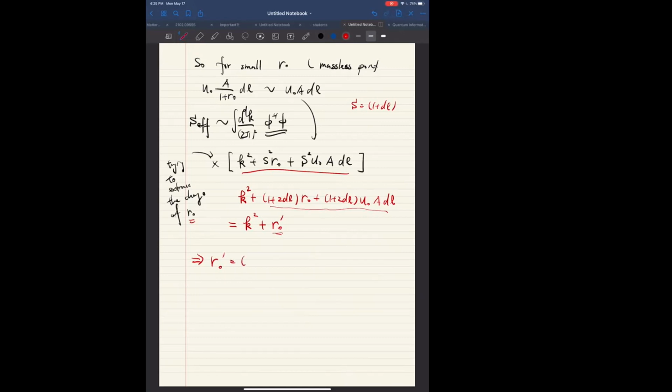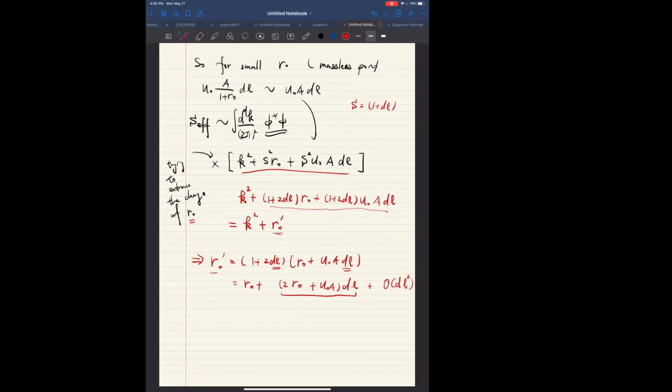We can do it order by order. So we have 2 r naught plus u0 A, times dl. This is the leading order in dl, and then the second order is dl squared.